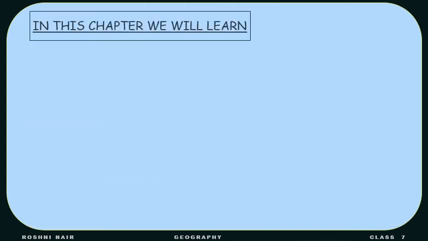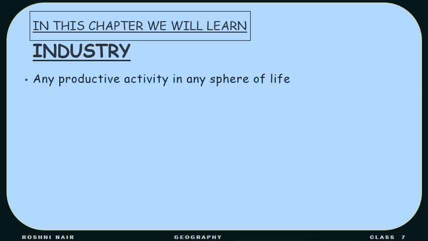Now coming to the actual terms which we will learn in this chapter. First, let us learn about industry. As I told, industry refers to any productive activity in any sphere of life.